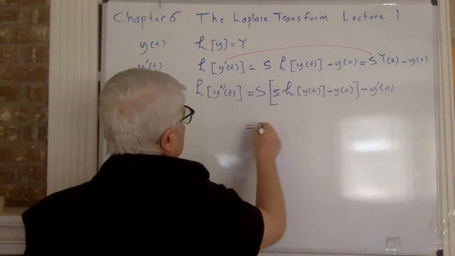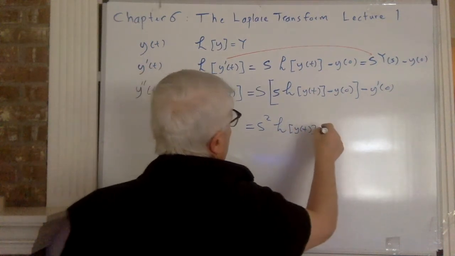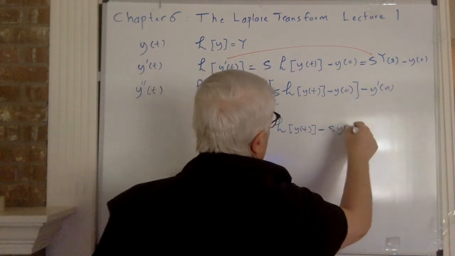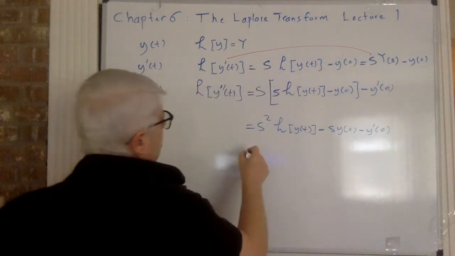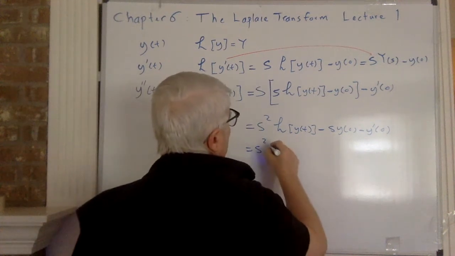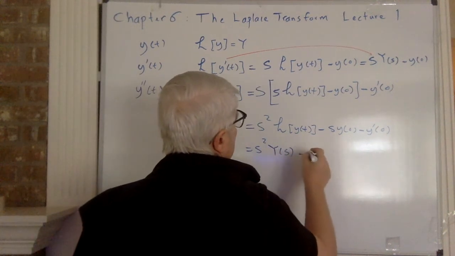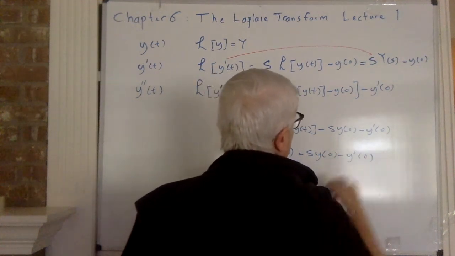And I will get this: s squared L of y(t) minus s y(0) minus y'(0).